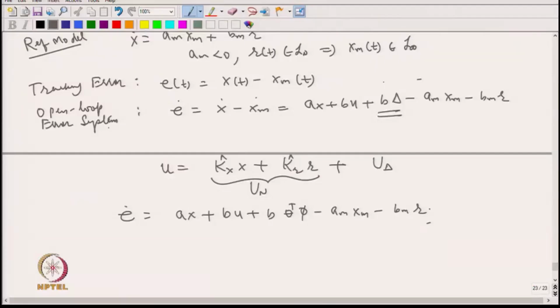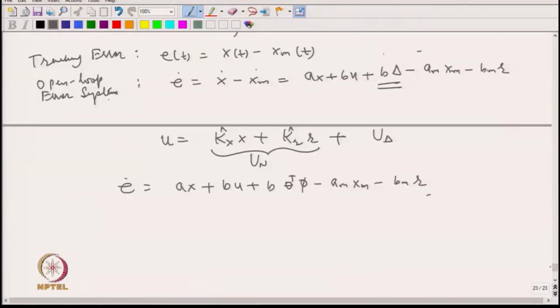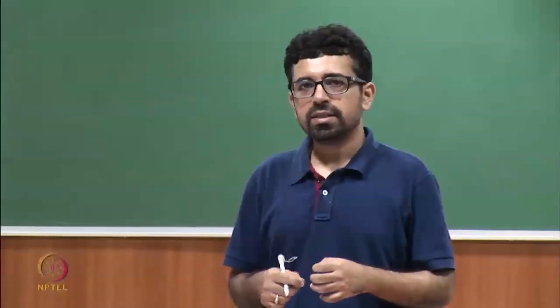Now, since theta is unknown, we can choose u to be a certainty equivalence controller. Certainty equivalence controller is one where you write the controller first as if there is no uncertainty, and then whatever terms are uncertain, you just consider their estimates.